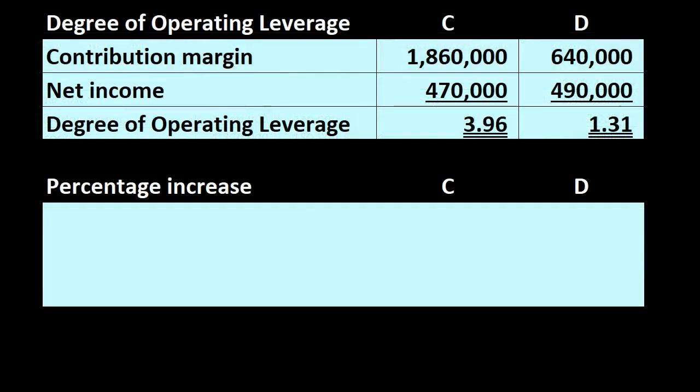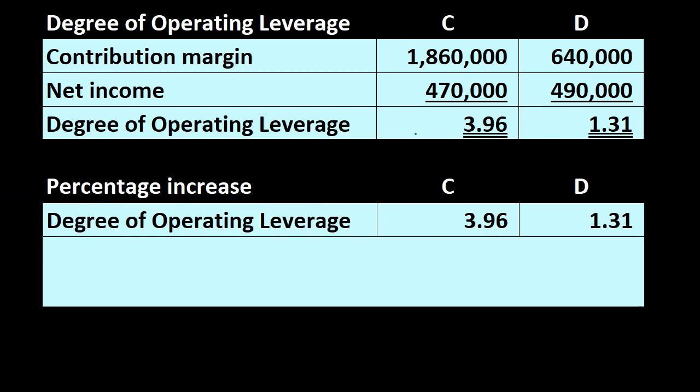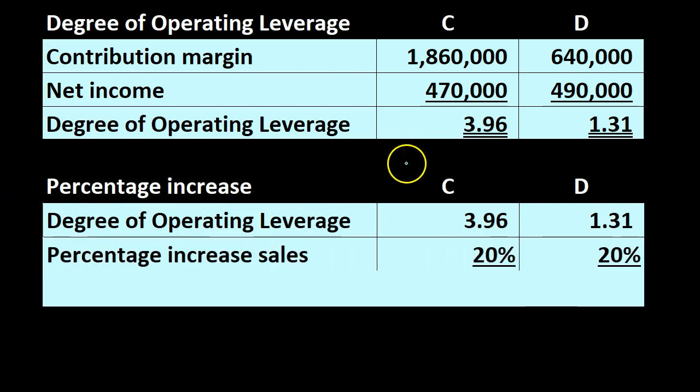How can we get to this calculation a little bit more quickly? We can consider this calculation a bit more quickly with the degree of operating leverage calculation that we saw in the prior slide. So now we have our degree of operating leverage. If we take our degree of operating leverage and multiply it times the percent increase in sales, in other words, we calculated the degree of operating leverage taking the contribution margin divided by the net income, and then we can do projections and say, well, what would happen if there's a 20% increase in sales, and just multiply this out.